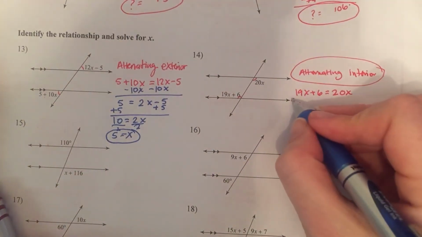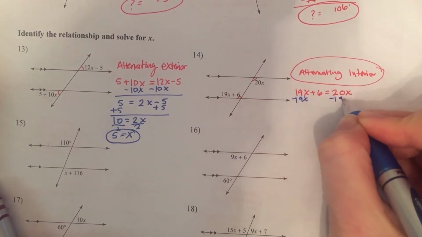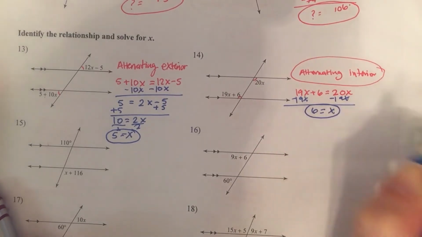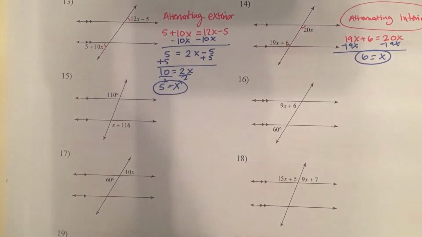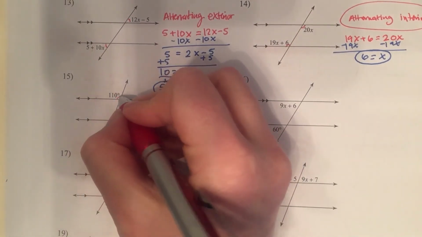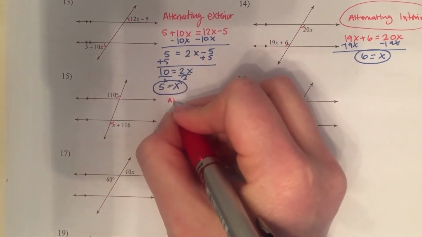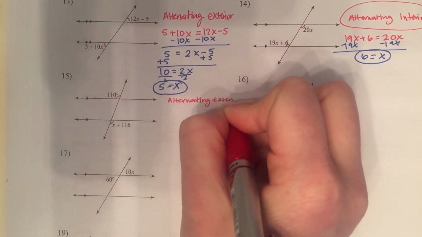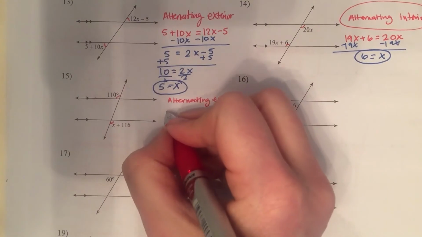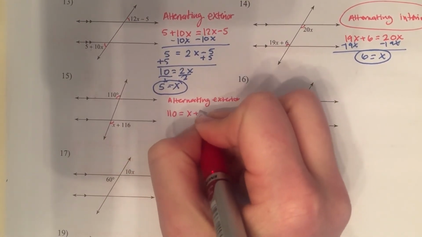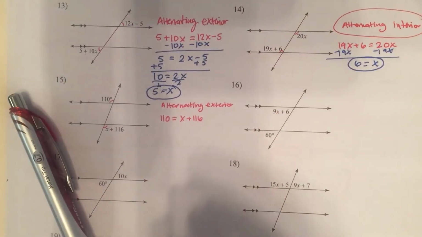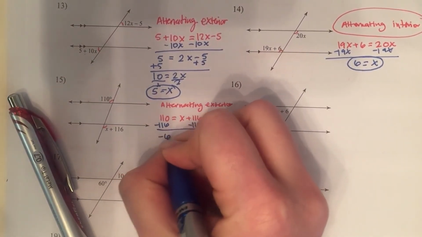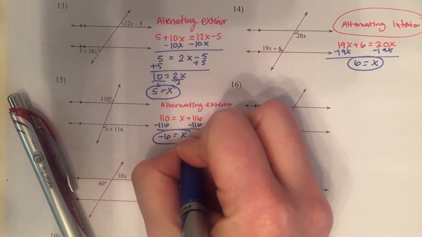I'm going to solve for x, so minus 19x. 6 is equal to x. 15, alternating exterior. That means they're equal in size. To solve, I would minus the 116. Negative 6 is equal to x.